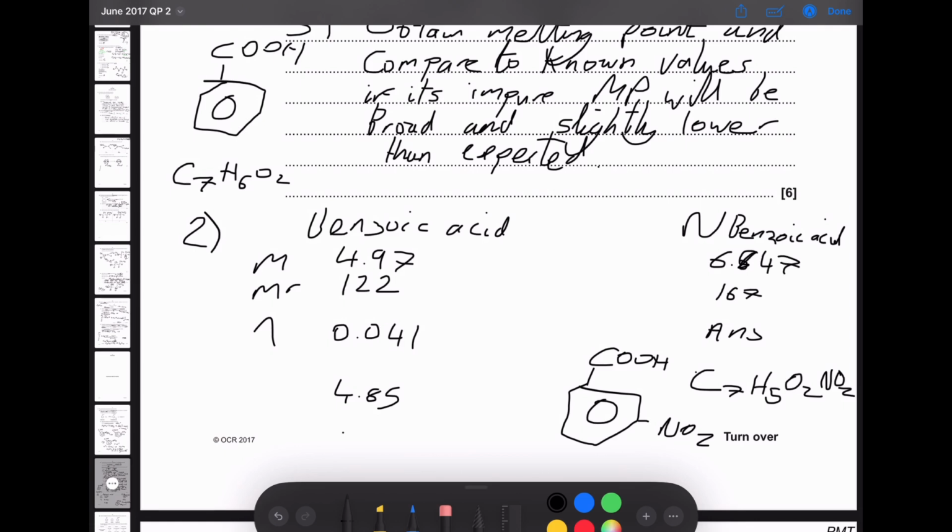So 4.85 over 6.847 gives us 0.71, and then to find it as a percent, you times it by 100, so you get 71%.